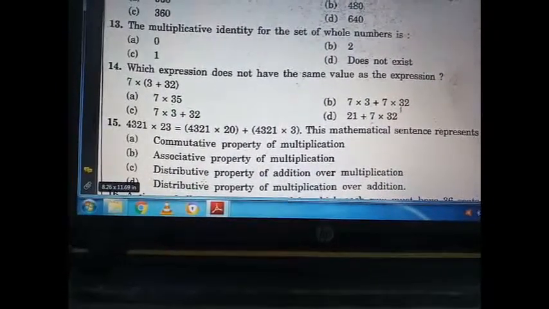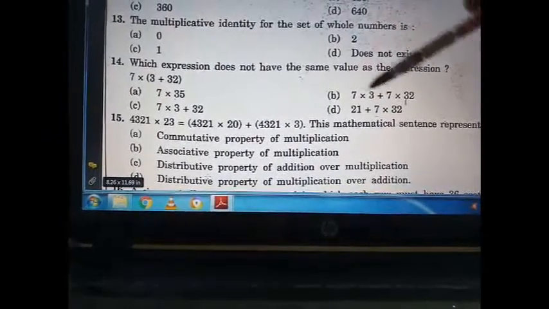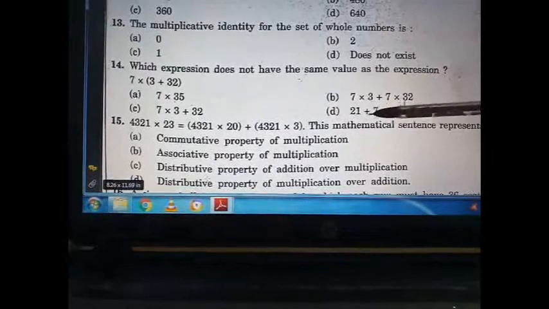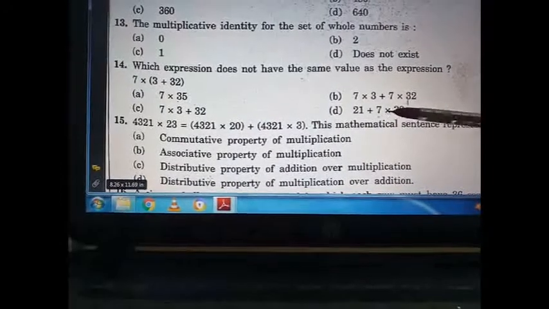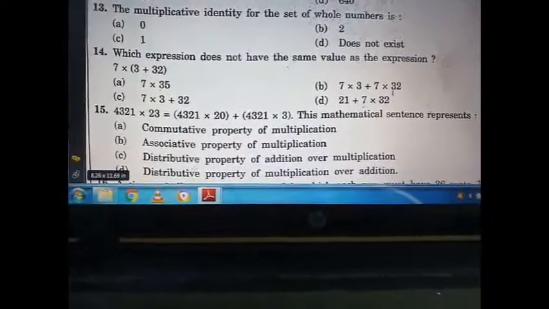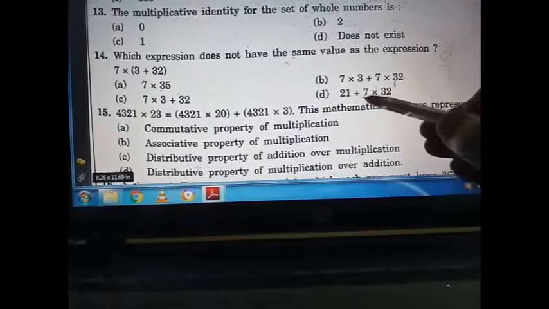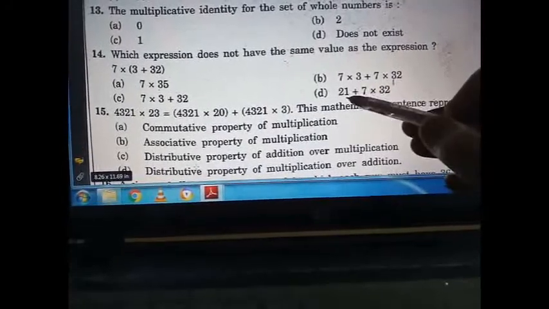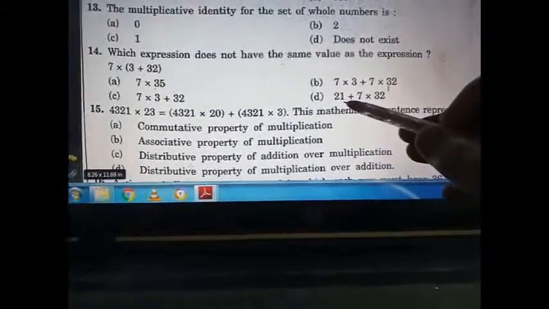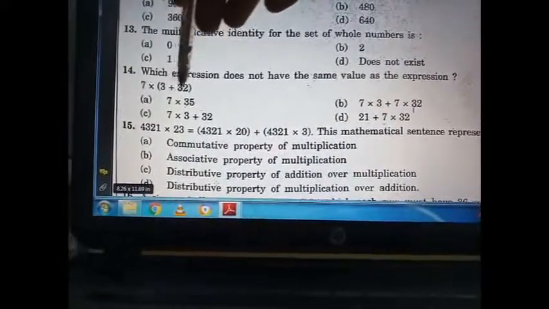Here 32 plus 3 will be 35, and if we first multiply 32 by 7 and add the resultant value to 21, we will get the result equal to 7 multiply 3 plus 32.